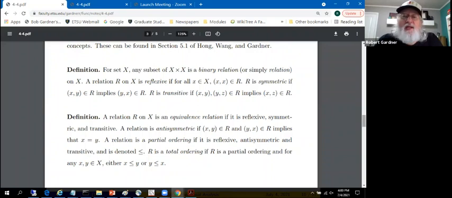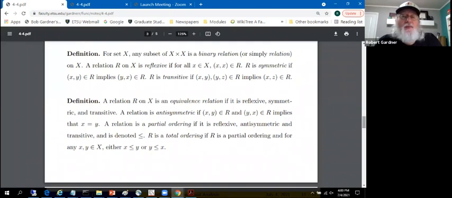Definition of a binary relation, or simply a relation. A relation is an equivalence relation if it's reflexive, symmetric, and transitive. A relation is anti-symmetric if x related to y and y related to x implies that x equals y.